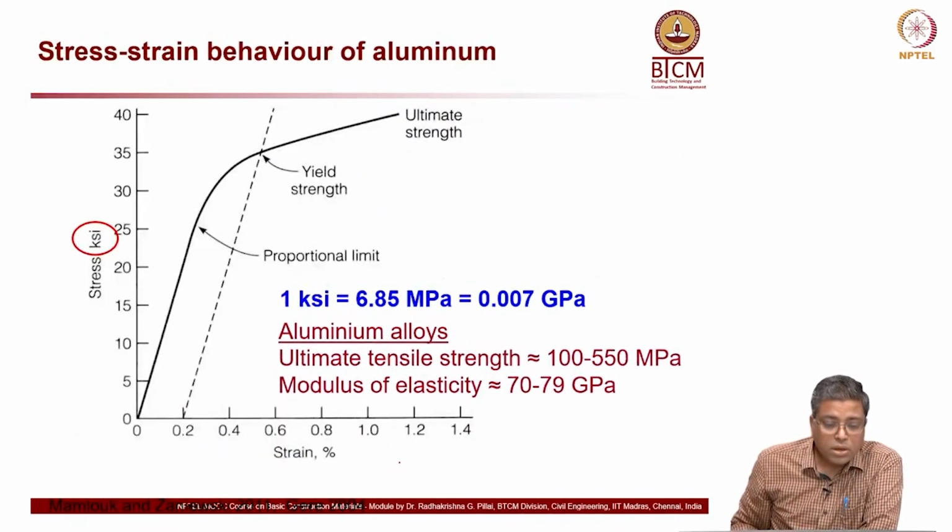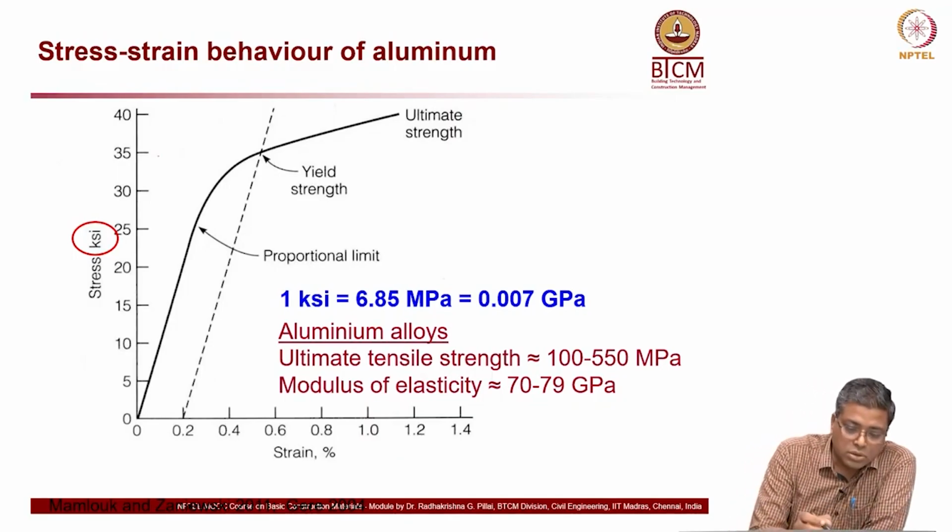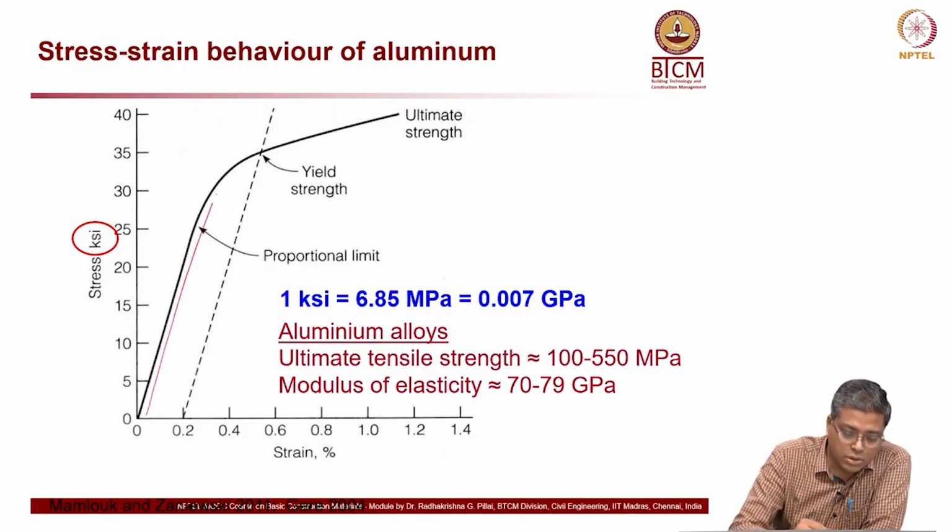Okay. Now, let us look at the stress strain behavior of aluminum. So, you can see here this thick black curve. Okay. Now, this curve is stress versus strain.